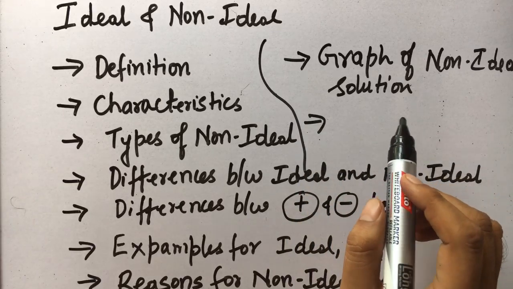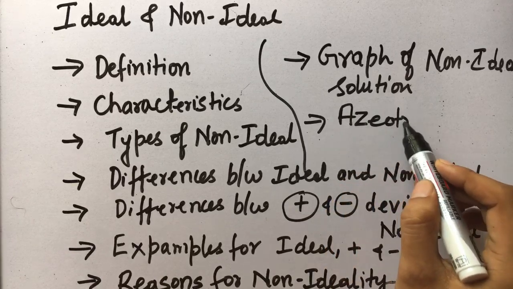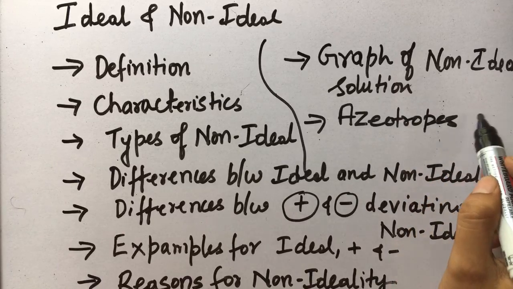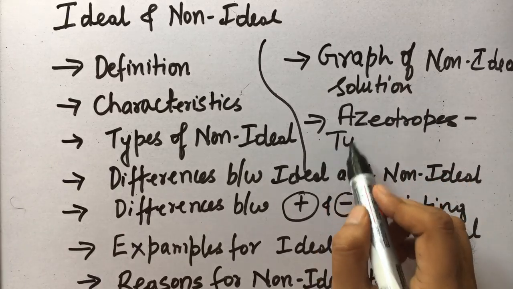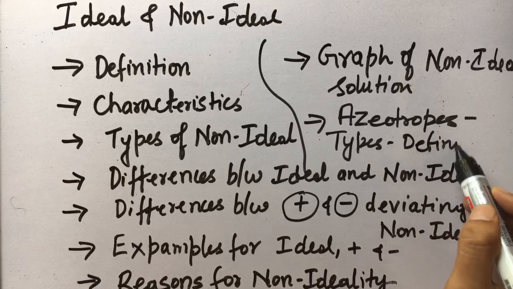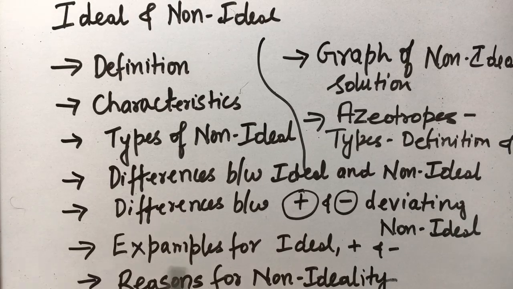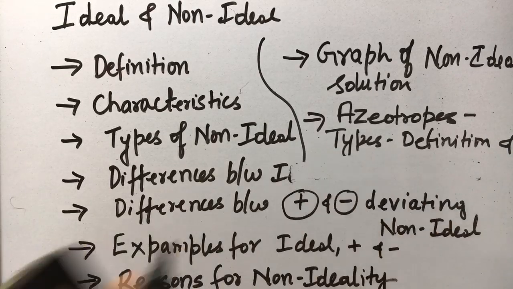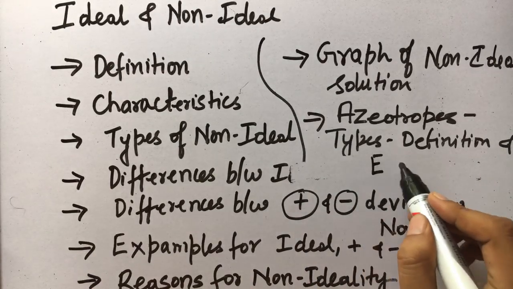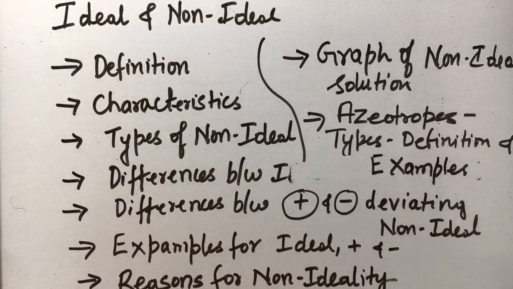Then we have studied something called azeotropes, types of azeotropes, definitions and examples. So all these concepts we have studied in the previous class.